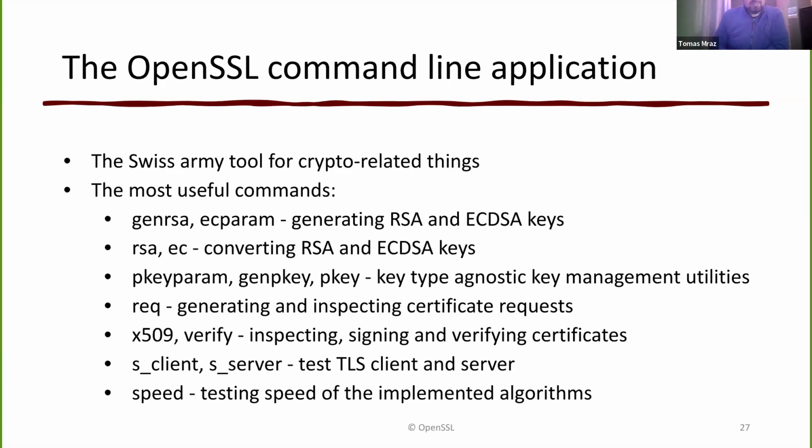With provider support, if you have a third-party provider that provides new algorithms that OpenSSL does not implement by itself, those utilities allow you to generate keys and examine them and so on.